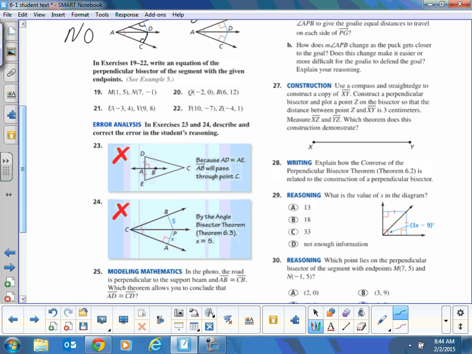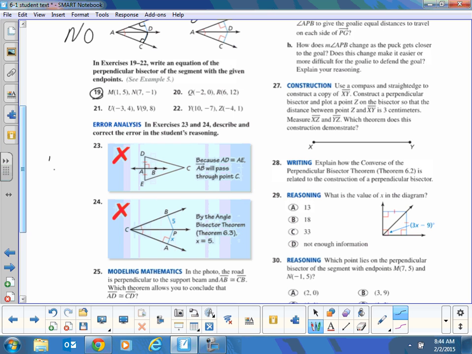Without drawing it out, what am I going to need to find a perpendicular bisector, number 9? I'm going to need to know where the midpoint is because I'm going to bisect it.